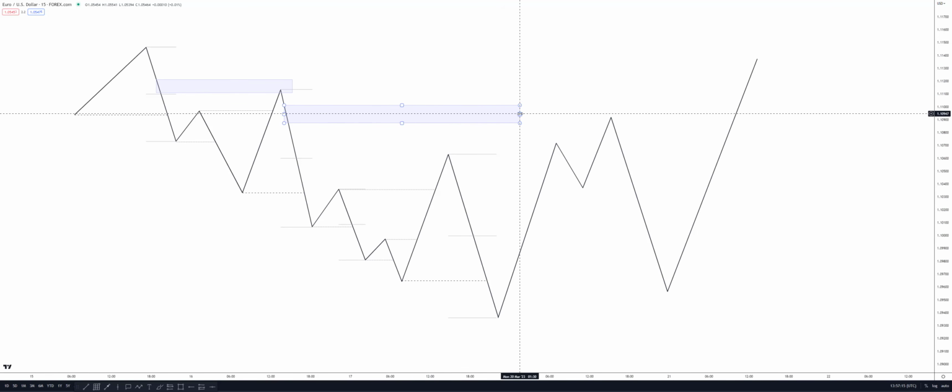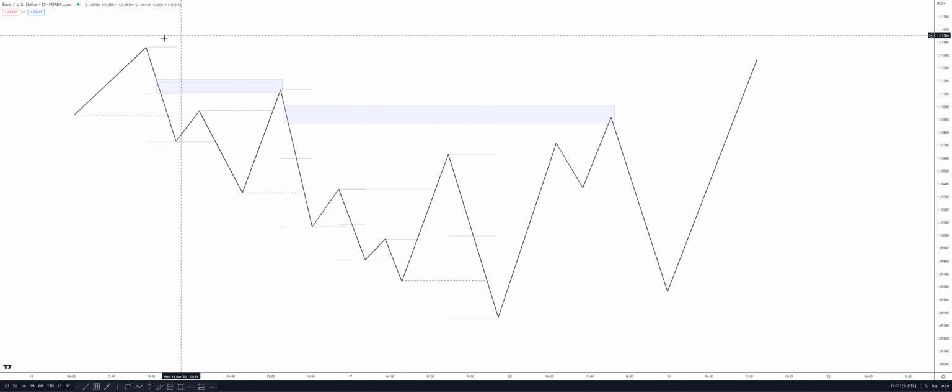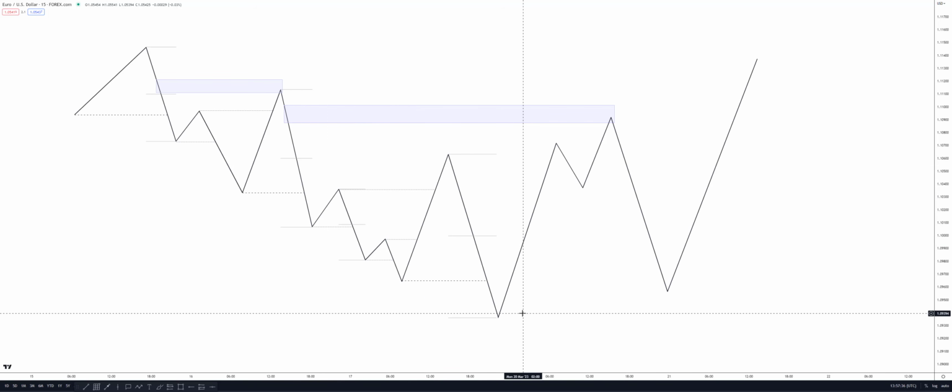Either way, it's likely to get a strong enough reaction for a trade because it's an unmitigated area, in theory, anyway. So that's order flow and, I guess, structure. The order flow determines the structure and gives it a name.